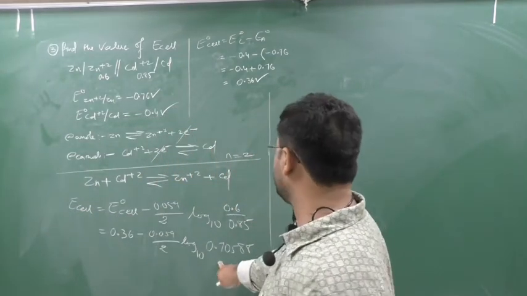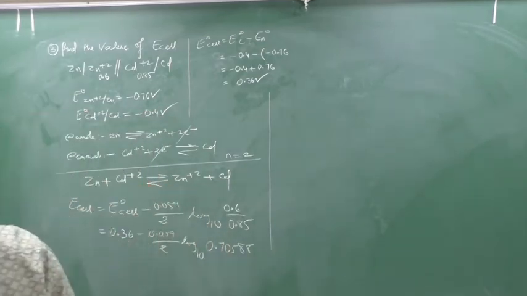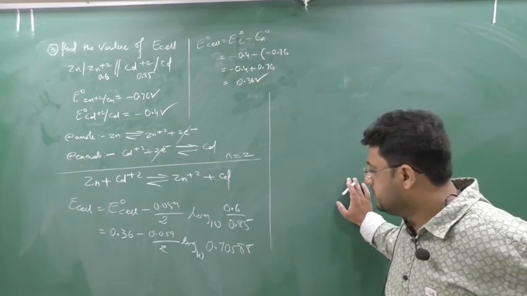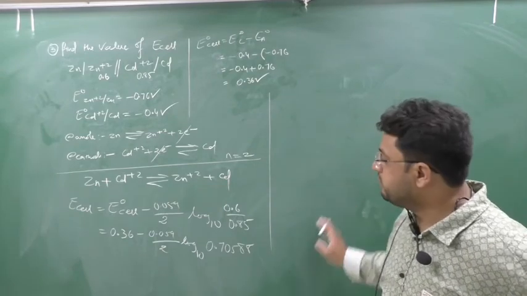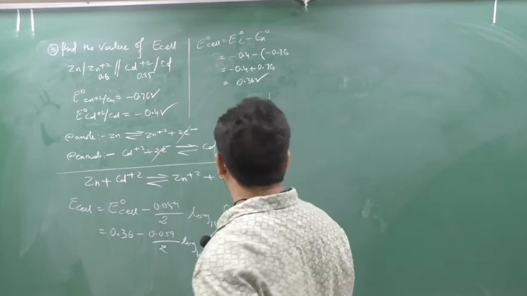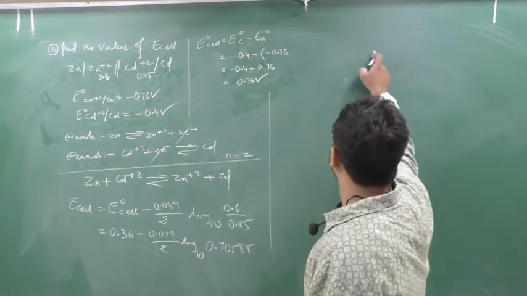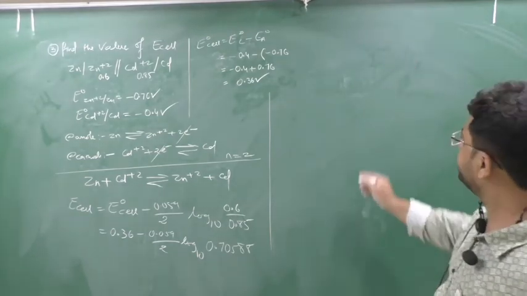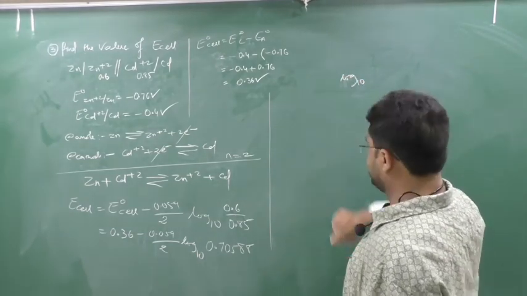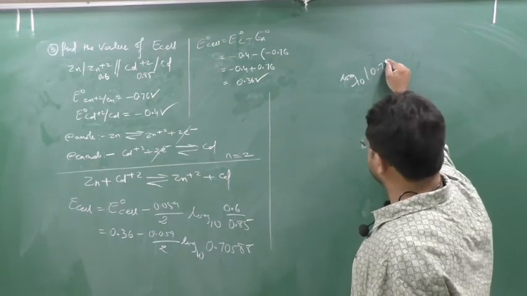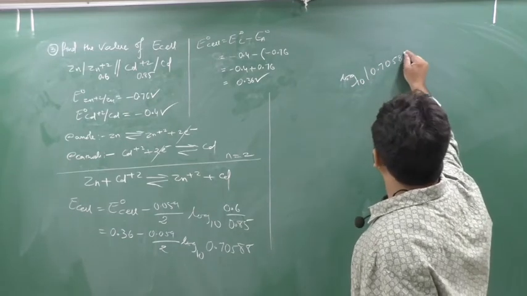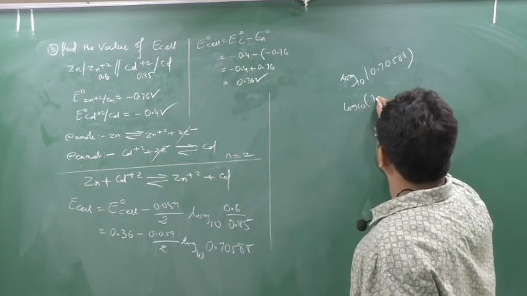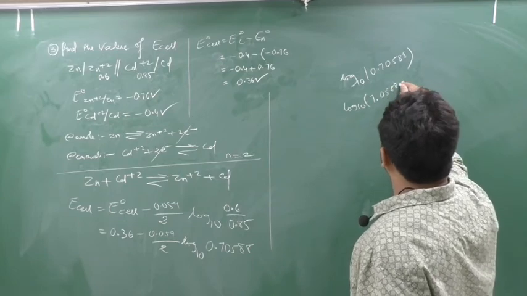Now see how to calculate the log for this 0.70588. Here one bar should come, because to calculate the log for 0 point something, however many zeros before the point, that many bar will come. Before the point there is 1 zero, means 1 bar. Okay. Instead, what you do beta, see I will show the calculation. Write log to the base 10 of 0.70588. Make it 7.0588 into 10 to the power minus 1.